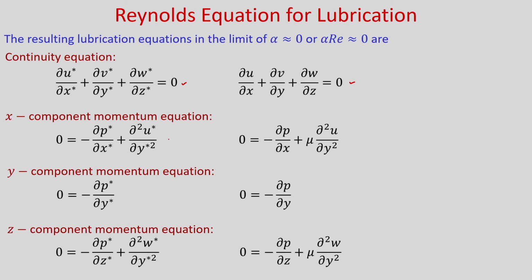From the x component momentum equation, dropping the other terms, you get this equation in dimensional form. From the y component momentum equation you will get del p by del y equal to 0. That means in the y direction the pressure is uniform, so del p by del y will be 0, and from the z component momentum equation you will get this.